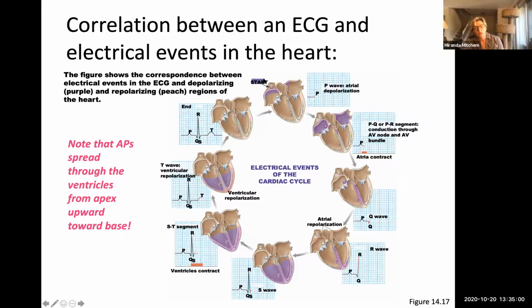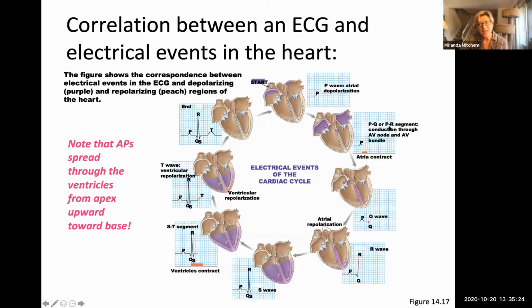We're going to begin up top with the SA node firing. There's step one. Let me point out the peach coloring in the graph or line, that represents the repolarizing of the heart, where the purple is depolarizing.